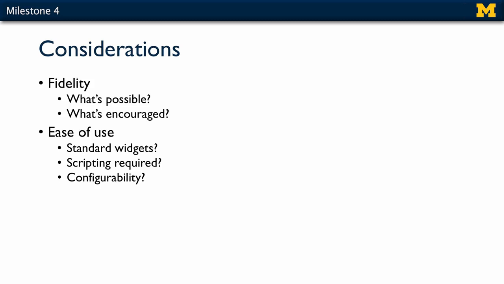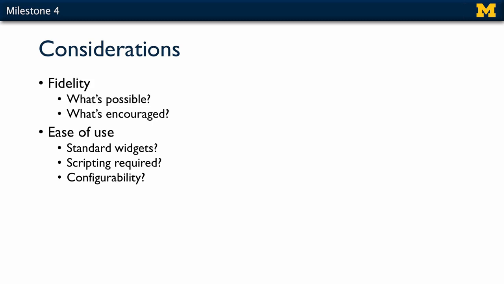Or is that something that can be done with a point and click interface? And related to that, how configurable is the tool? A high degree of configurability is probably going to make it more complex, and it might be harder to produce the first instance of what you're trying to design. On the flip side, it might allow you to go farther towards the high fidelity prototype that you would eventually want to produce.